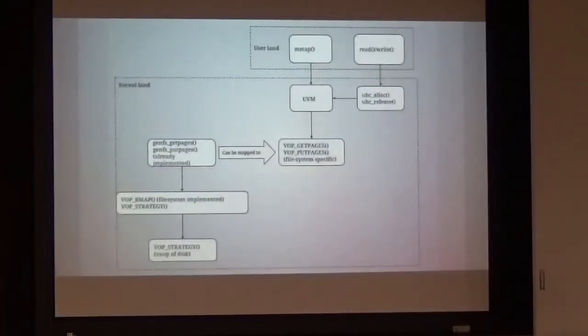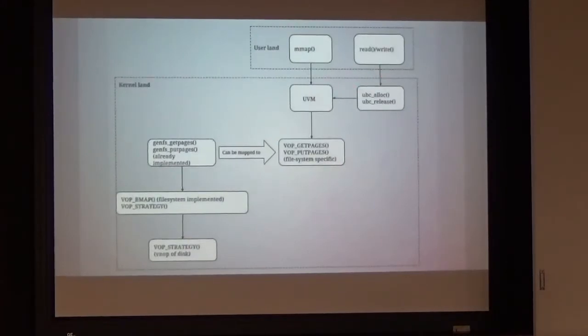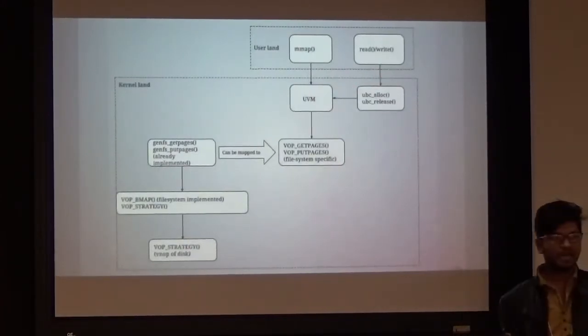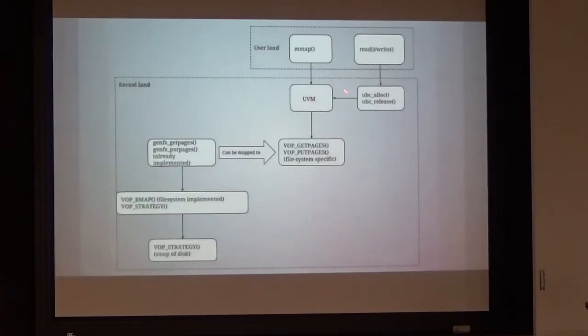So what happens for the read-write system calls? For that, the UBC comes into play. Previously we were going through the buffer cache mechanism, and bread and bwrite would give you the required data. But here we are not calling bread and bwrite. Here we are calling the methods provided by the UBC interface, UBC allocate and UBC release.